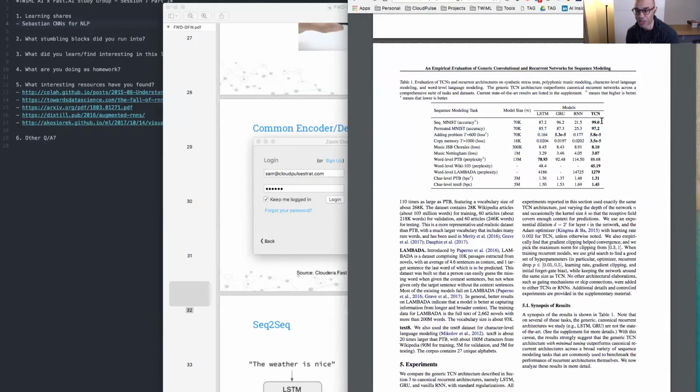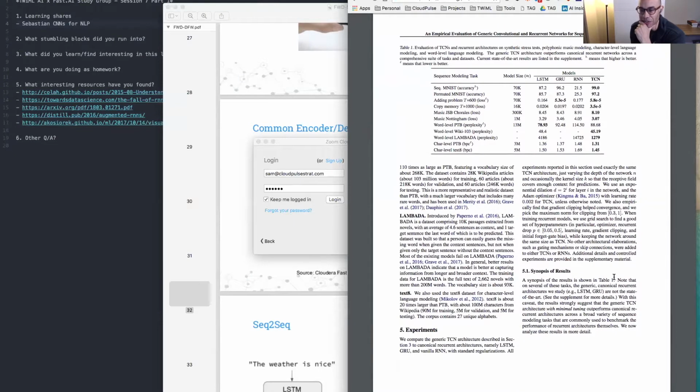I am assuming that because these are all bold, it means that the convolutional nets are outperforming all the rest of these. But again, I haven't dug into this in any level of detail.